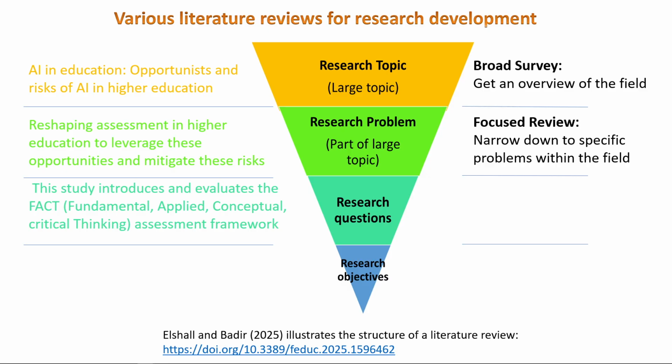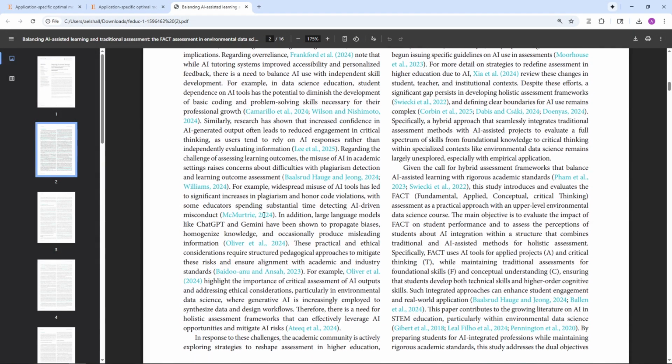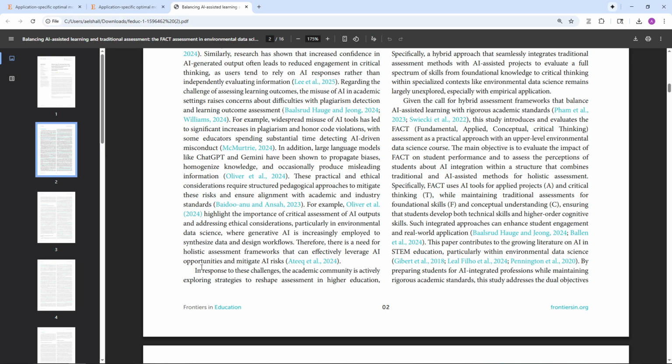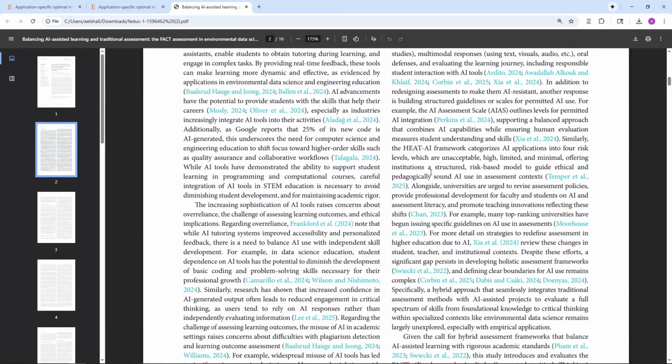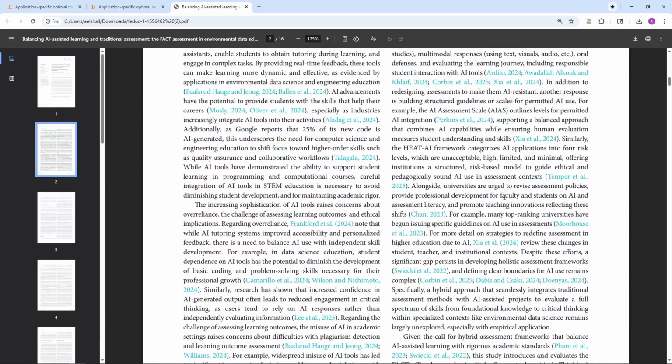That's exactly what we did in our third paragraph. If you read it, in response to these opportunities and challenges, this is what educators have been doing to change their assessment, and these are the new assessment methods that are emerging. This would be the heart of my literature review.